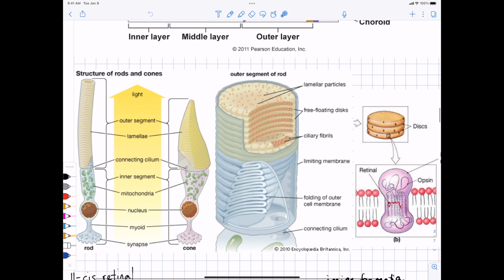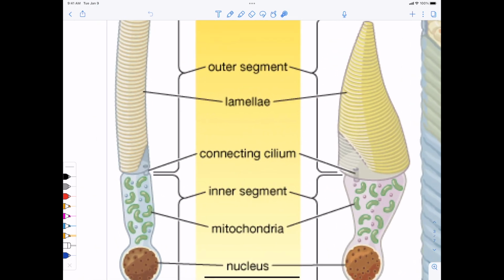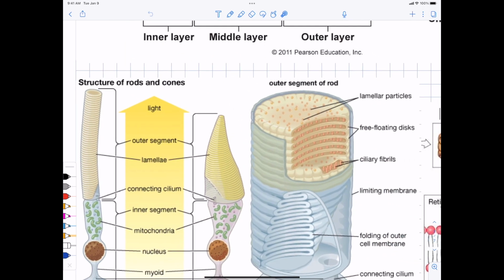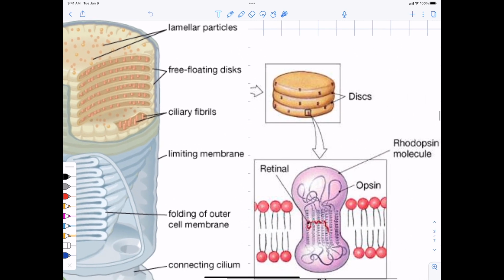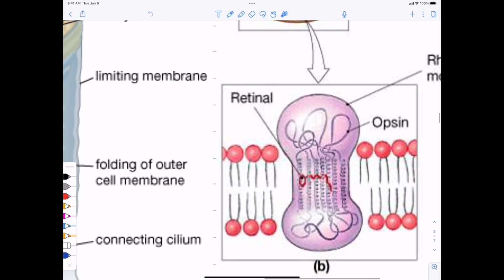So if you zoom in on any one of these rod or cone cells, you've got this really weird structure where the membrane goes sort of side to side, and you end up with these little discs. And embedded in these discs are lamellar particles that are sort of lipid bilayer type segments, but within them you have the opsin protein, and it's loaded with this 11-cis retinal molecule that we learned about.